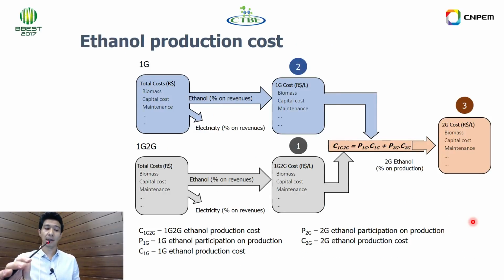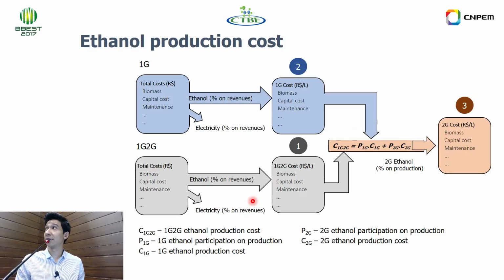An important assumption is the ethanol production cost approach we used. We have integrated scenarios, as I said, that produce both first and second generation ethanol. On the other hand, we need to know the second generation cost isolated from the first generation.